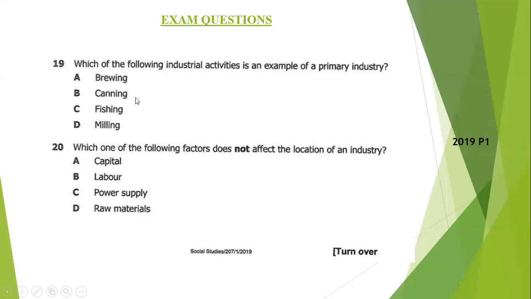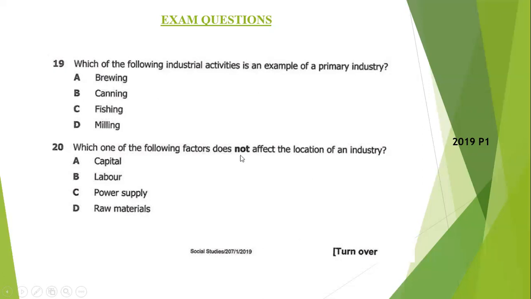Canning, this is secondary industry because here you're dealing with processing. Fishing, this is definitely a primary industry because you're directly getting fish from the environment, from rivers and other water bodies. Milling is a secondary industry. So the best possible answer here is fishing.